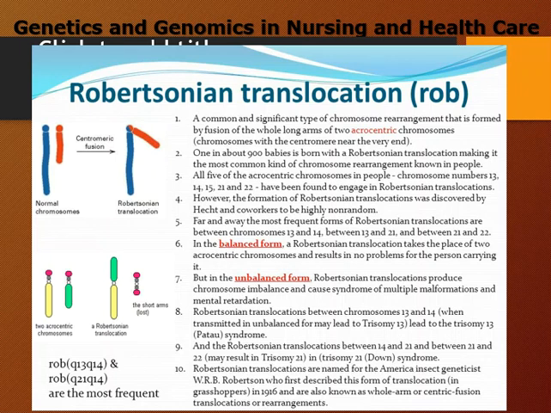So starting at number 7, when we get into the unbalanced forms of a translocation, that's where we start seeing syndromes, and a specific phenotype expression of specific syndromes depending on the chromosomes involved. And that will be discussed in the next section, part 2 of chapter 6.